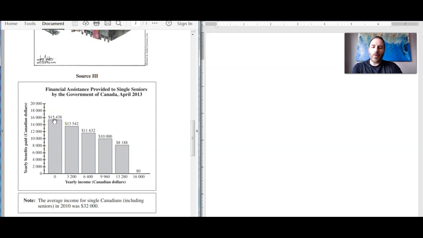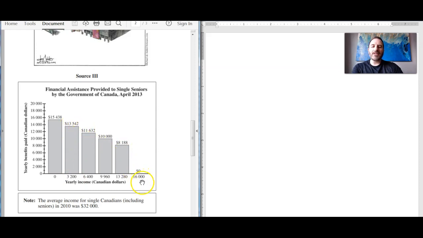Now, hopefully you don't have to be a mathematician to figure out that, because there's 12 months in a year, that equates to about $1,100. I mean, you could do the math, right? 15,438 divided by 12. I'm going to say it's around $1,100 a month, which isn't very much money. So if you have a yearly income of $3,200, it goes to $13,000 and down it goes.